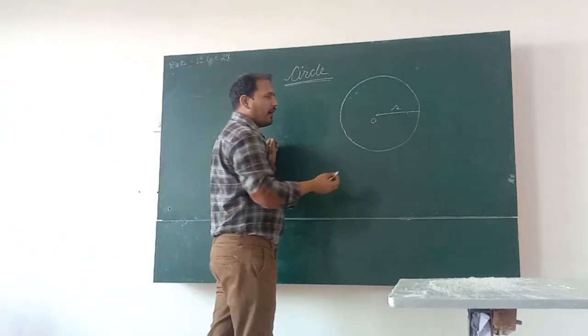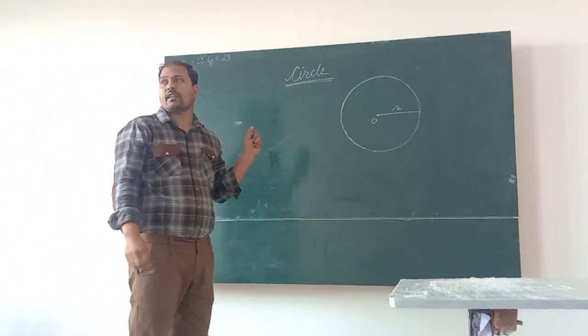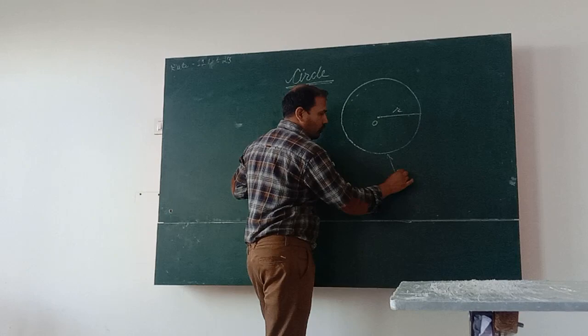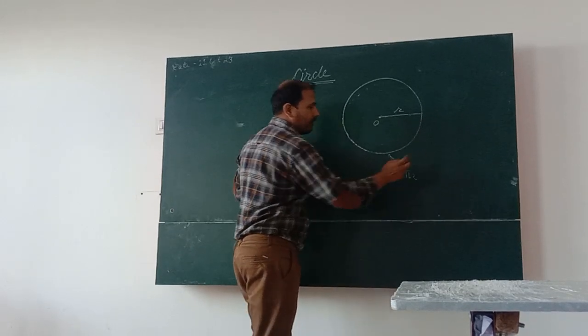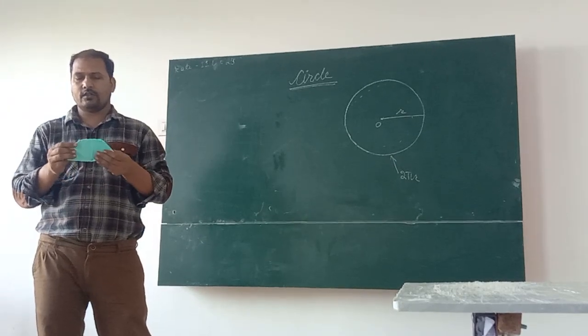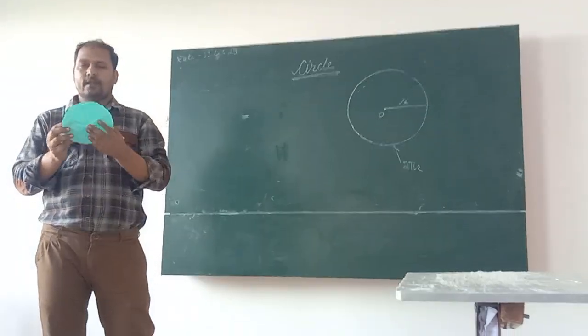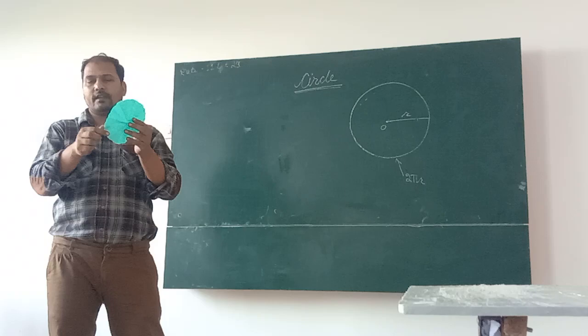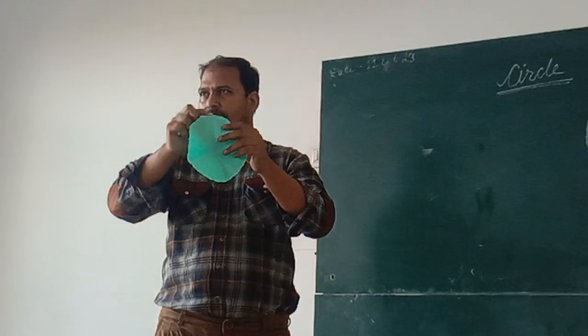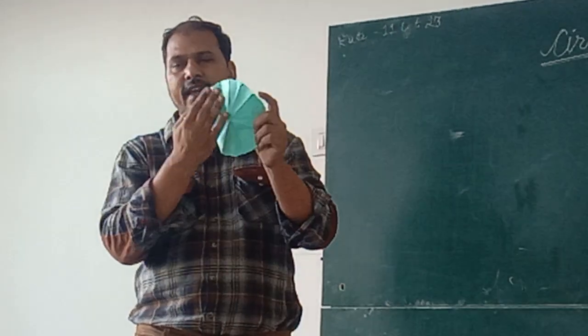The formula to find the circumference of the circle is 2 pi r. This boundary is the circumference of the circle, and this inside is the area.